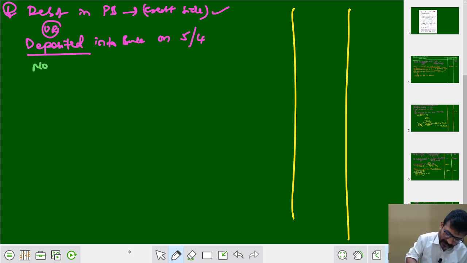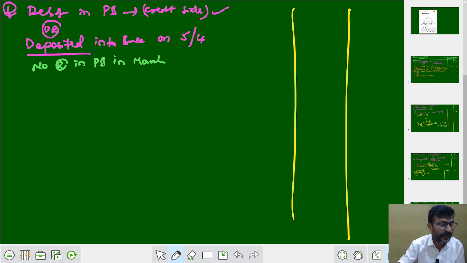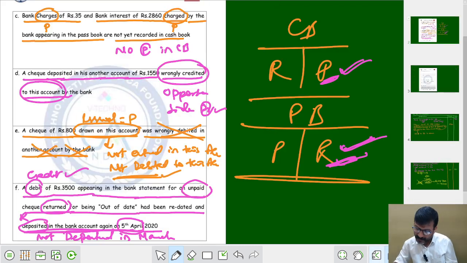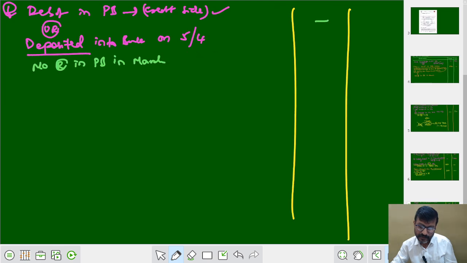Means we can say that no receipt in passbook in March. Means no credit in passbook. So where we have to take? We have to take it on the credit side with an amount of rupees 3,500. See once how much it is? 3,500, right? So let me write that 3,500.